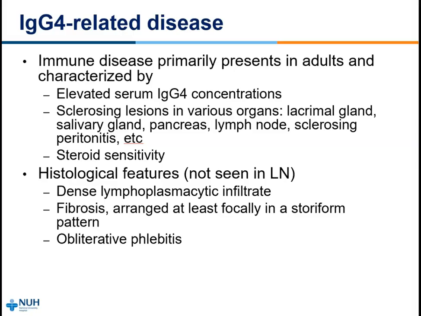An important characteristic is steroid sensitivity. The histology shows a dense lymphoplasmacytic infiltrate associated with storiform fibrosis and obliterative phlebitis. However, these features are often absent in IgG4 lymphadenopathy apart from an increased number of plasma cells.